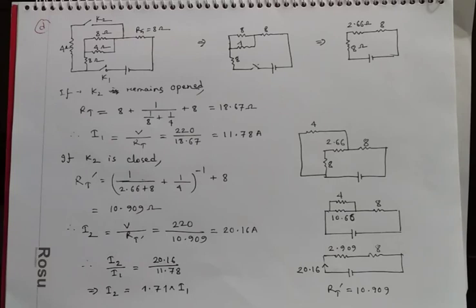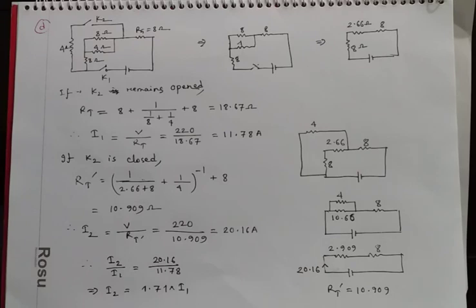And if we compare I1 and I2, then we see that I2 equals 1.71 times I1, and that is the desired solution. In our question it was asked how many times the current for R5 will be when K2 remains open and when it is closed.